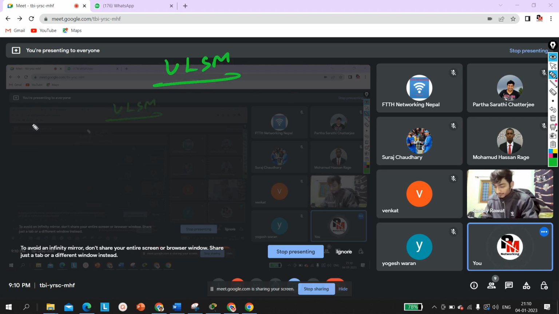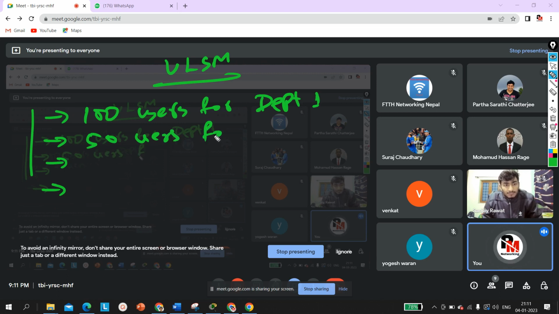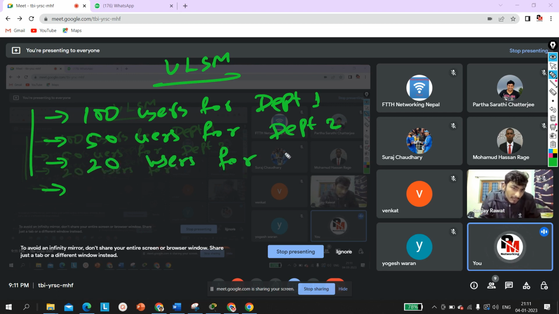Suppose in an organization there are 4 departments. We need 100 valid IP addresses for department 1, 50 users for department 2, 20 users for department 3, and 4 users for department 4.